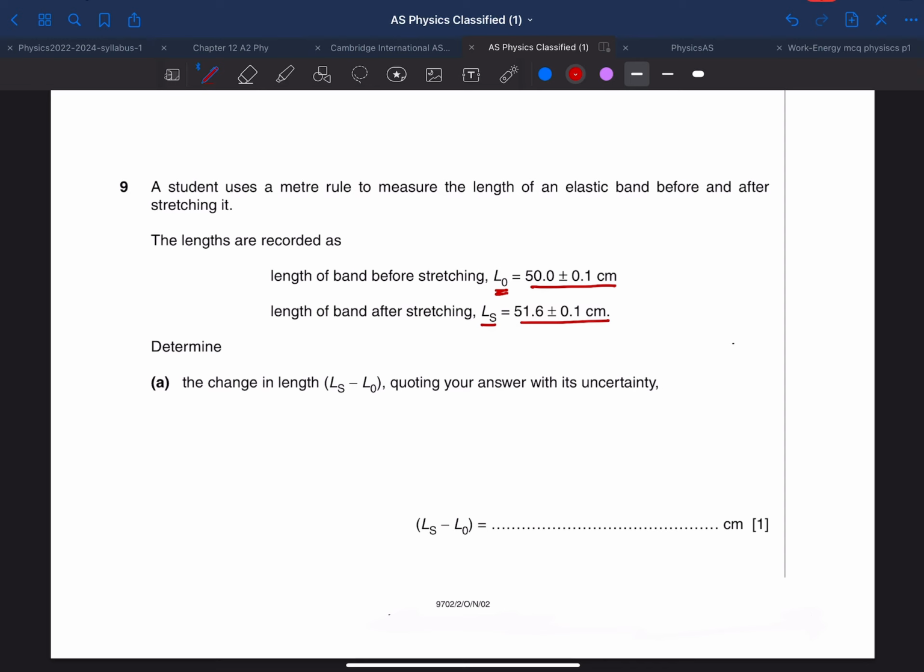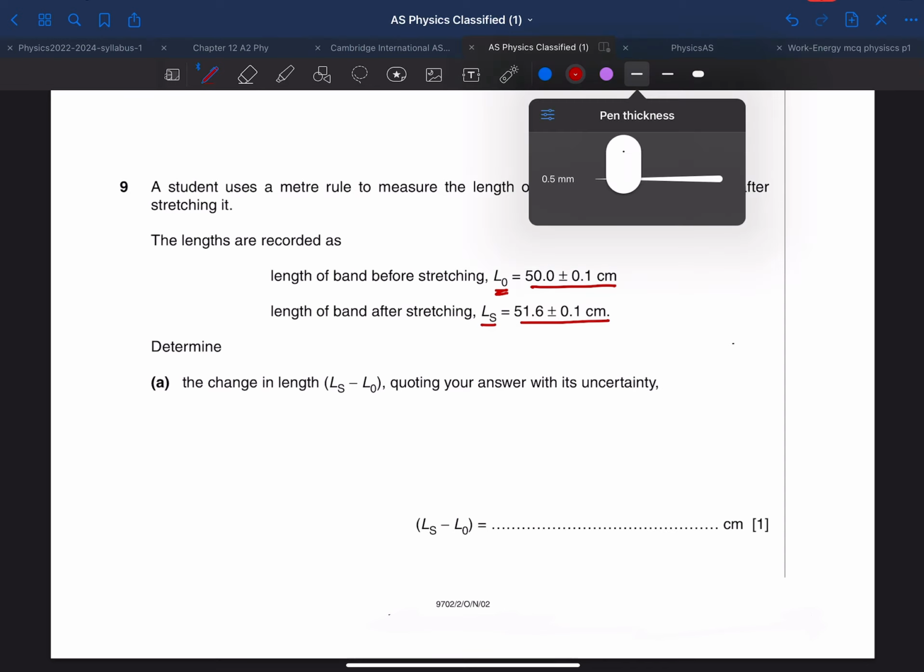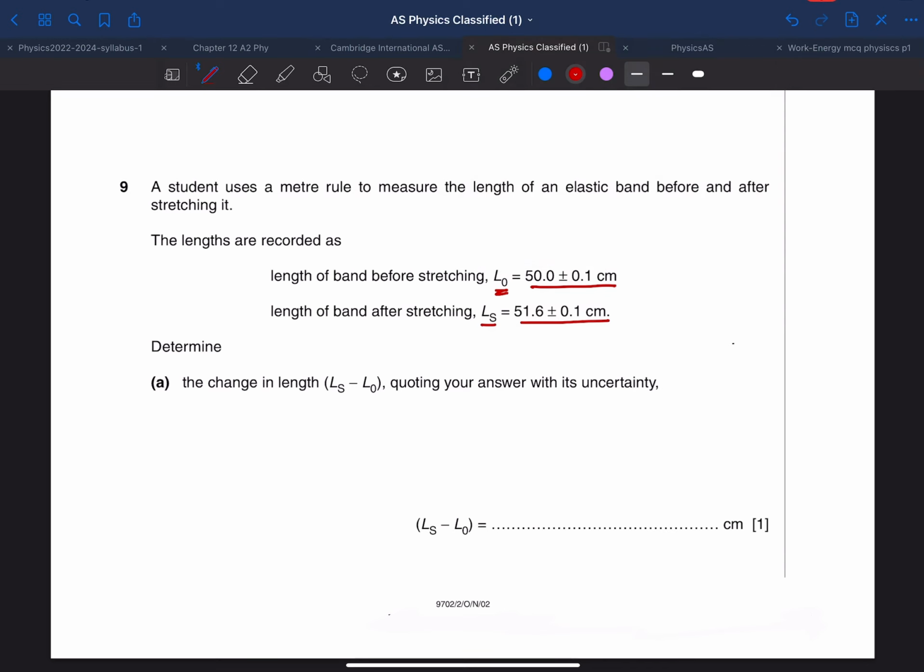First of all, you can quickly recall what we have studied as far as the addition or subtraction of values is concerned.